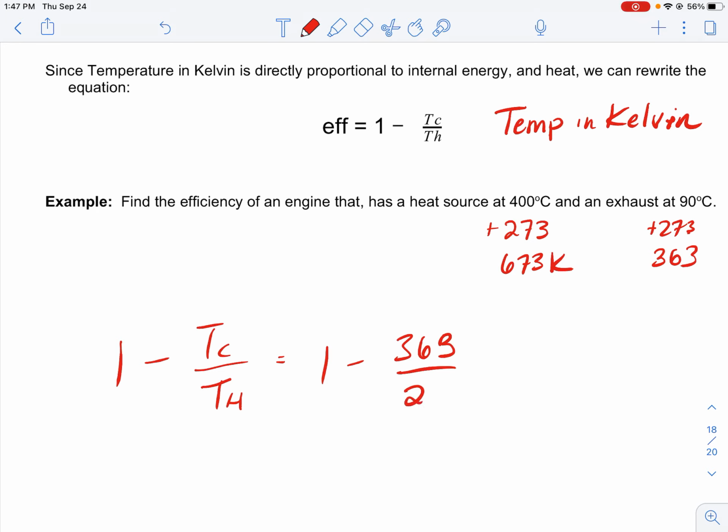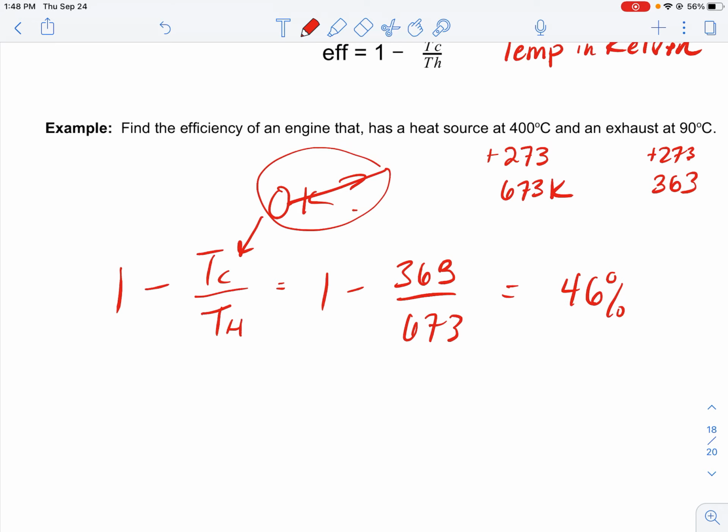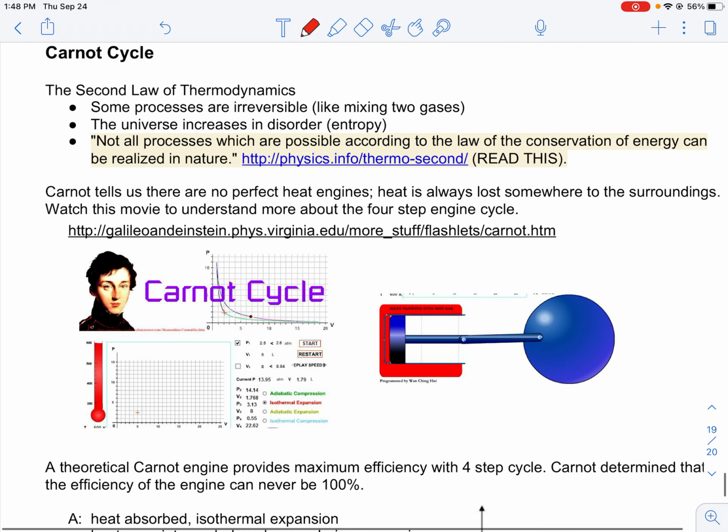Okay, and what do I get here? I get 46% efficient. Again, to get perfect efficiency, to get 100% efficiency, this would need to be 0, and that can't happen.